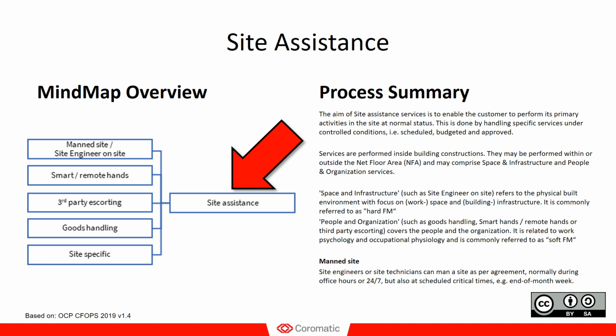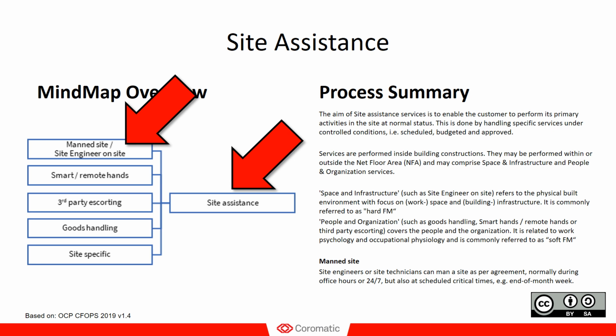One of the examples of these sub-processes is the manned site or site engineer on site, which means that it's possible to have a 24/7 staffing on site to ensure that everything works well, or perhaps only during office hours, depending on what the needs are.